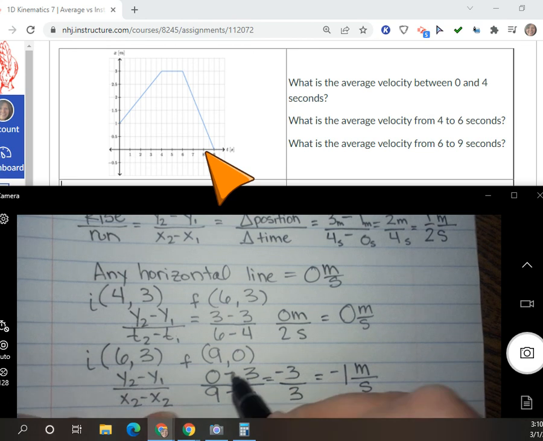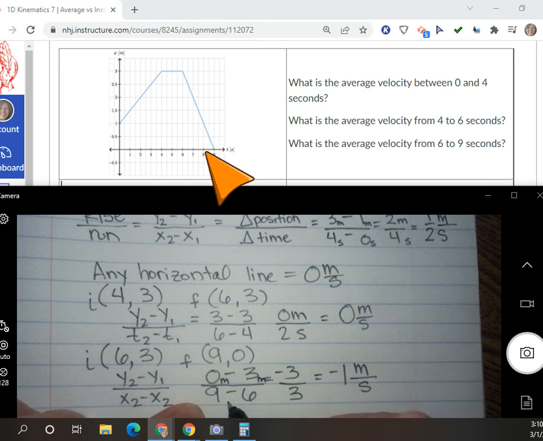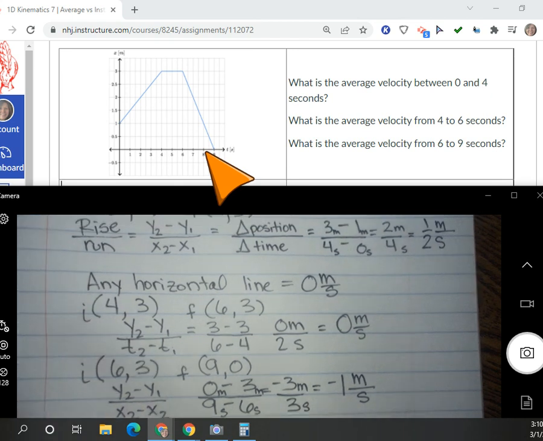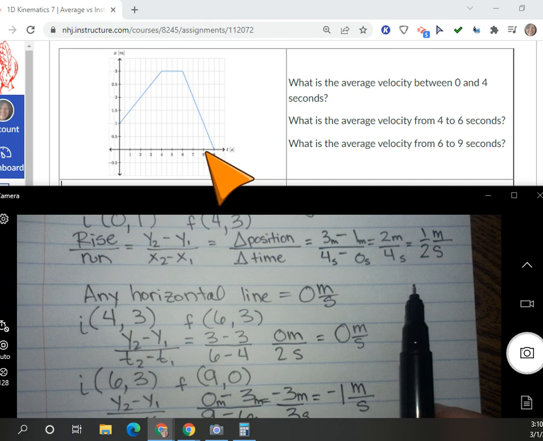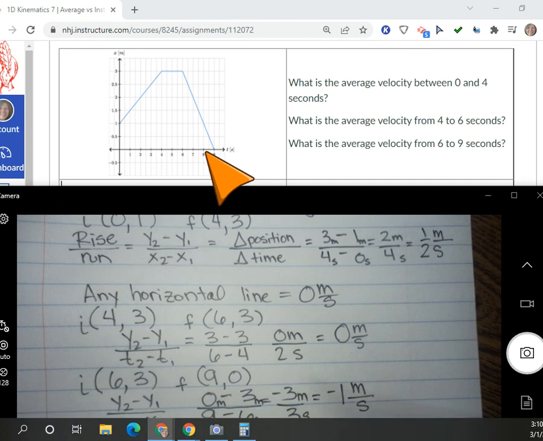Again, we have position over time. Make sure our unit is correct: negative 1 meters per second. Now, wait a second. Let's consider this. The first part of our graph was 1/2 meters per second. That's a positive number, so we are going away from the origin.